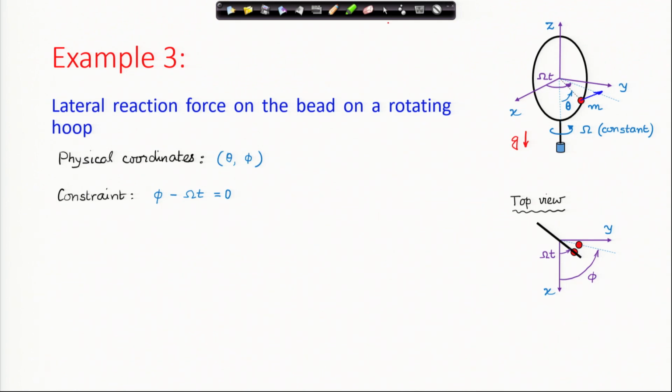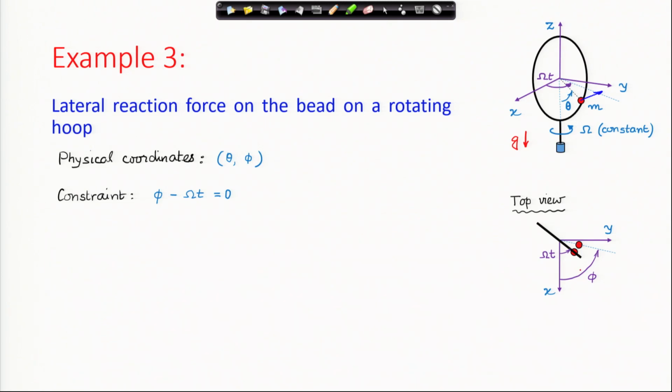There is also a normal force which is perpendicular to the ring, that we are not interested in, or that we do not want to find out right now. We want to find out the lateral force. Therefore, I must first break the motion of the bead which is constrained to move on the hoop.